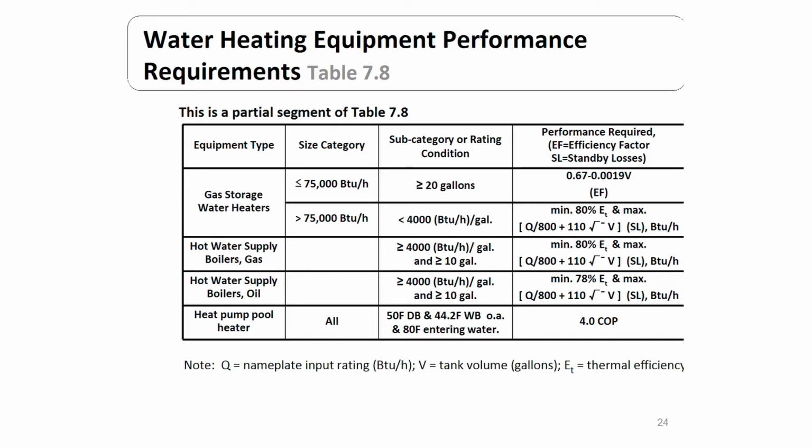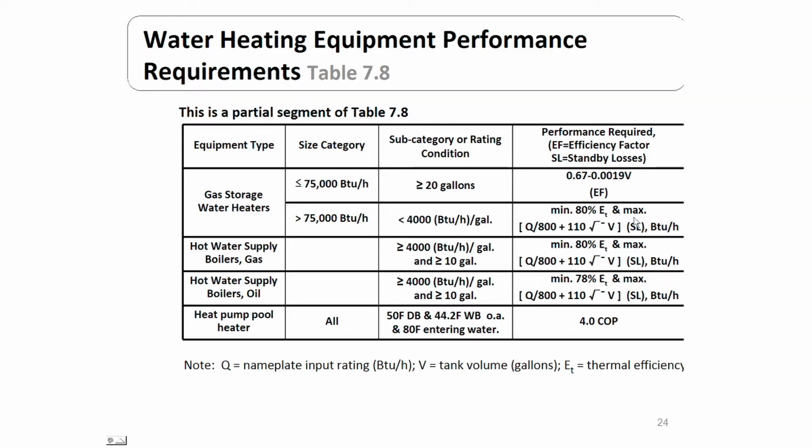To interpret this for you, look at the first line there. It says 0.67 minus 0.0019 times V. That's the efficiency requirement of the heater itself. And they follow that with the symbol EF. That means the equipment efficiency factor, I'm sorry. If you see an SL, it means the standby loss.